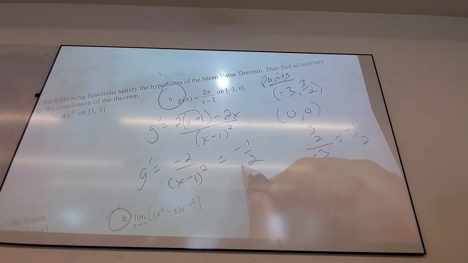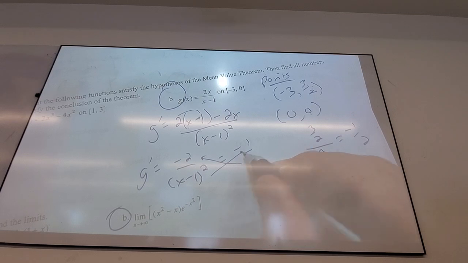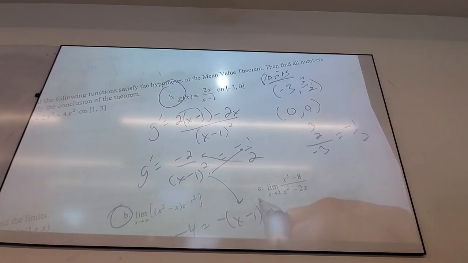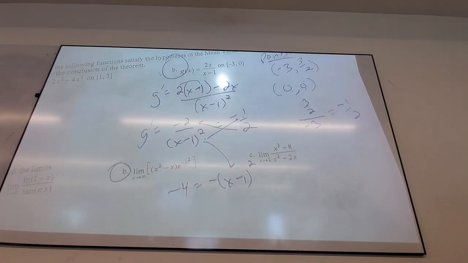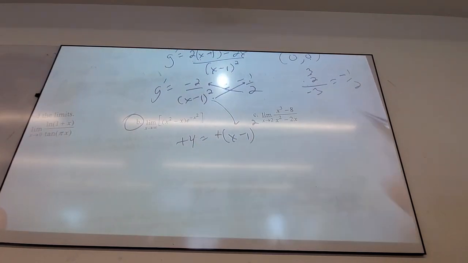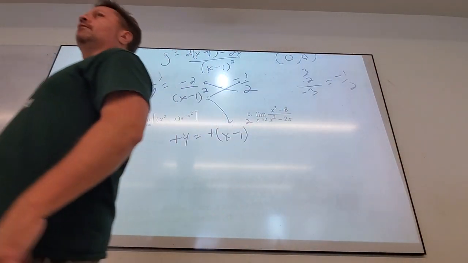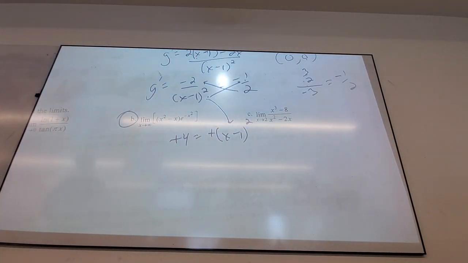What do I get here? -4 equals negative x minus 1 squared, right? So the negatives go away. Are you guys cool with that? Now, do you see why I don't want to FOIL out x minus 1 squared? Because what can I do right now? Why can't I just solve for x?